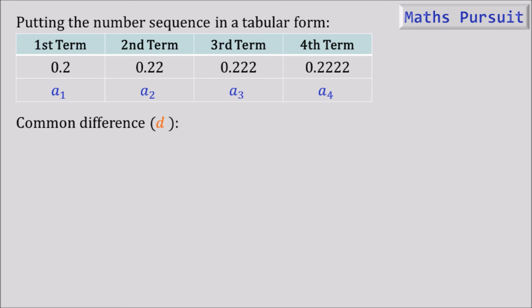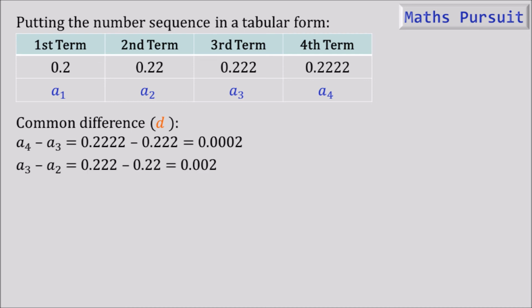Now let us first find the common difference D. We are going to find the common difference starting from the last term, that is A4 minus A3, that is equal to 0.2222 minus 0.222, so that is equal to 0.0002.